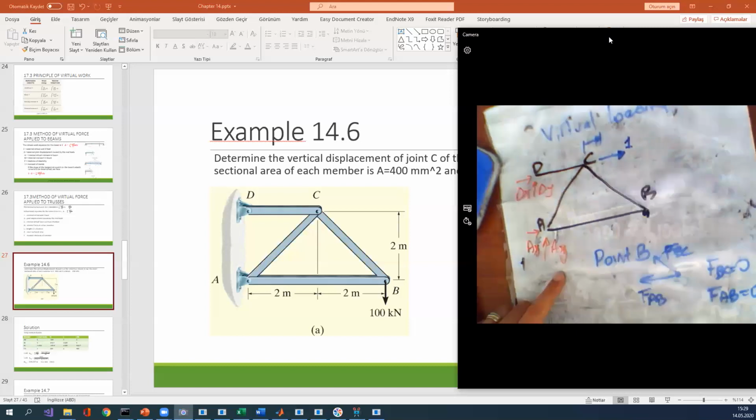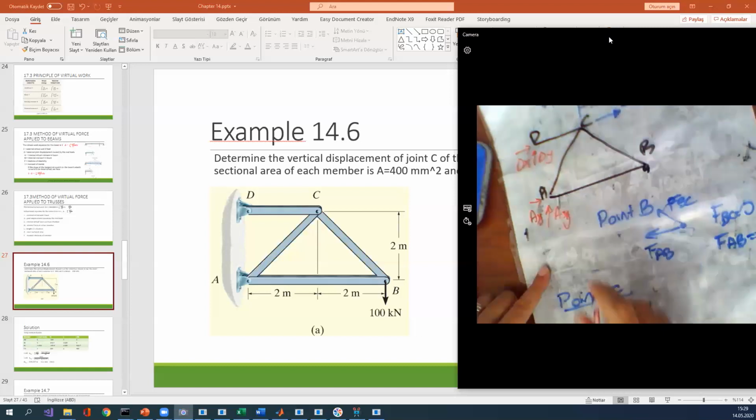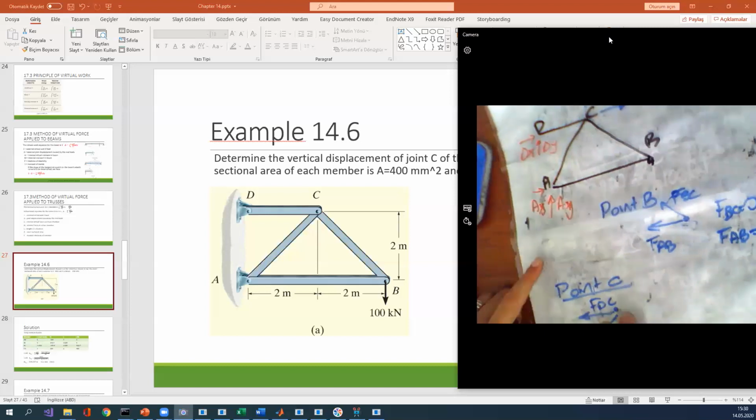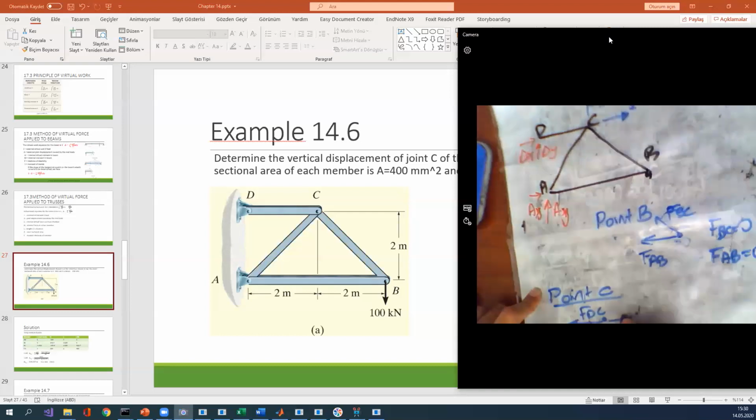I want to pass to point C. On point C, you can see there's a loading in here, and FDC, FAC. I don't need to draw FBC because the value of force BC is equal to 0. I want to put the unit force 1 in here.